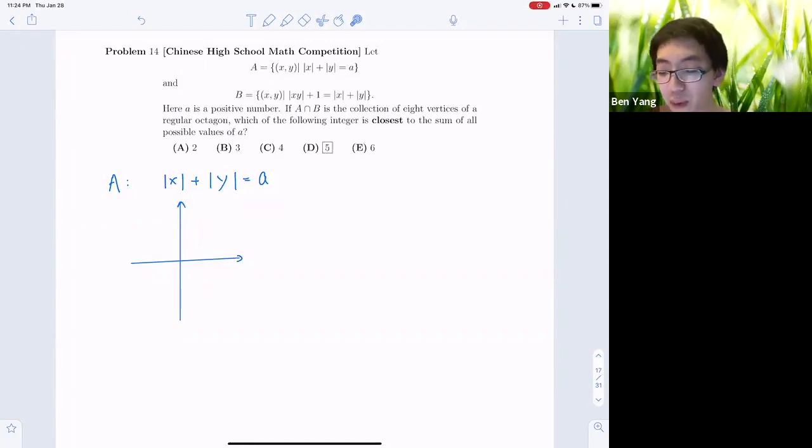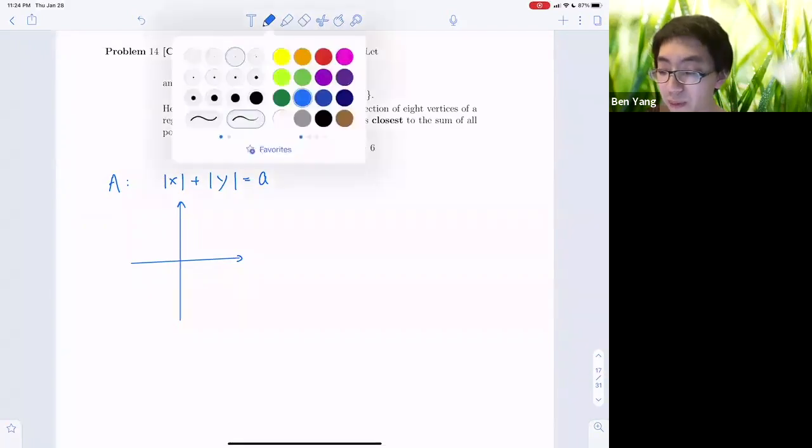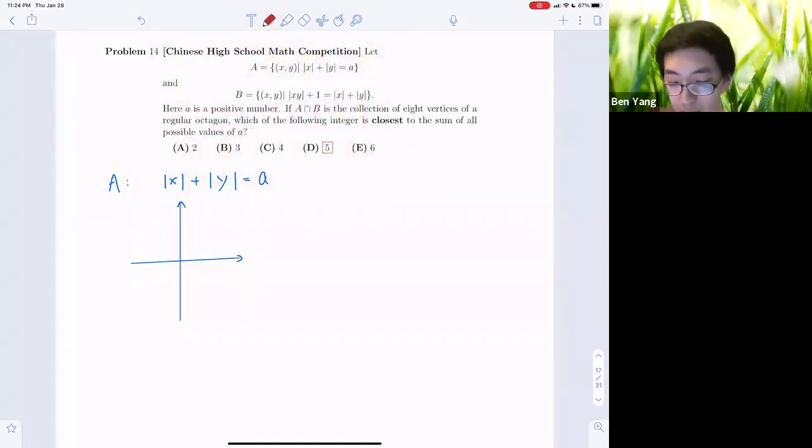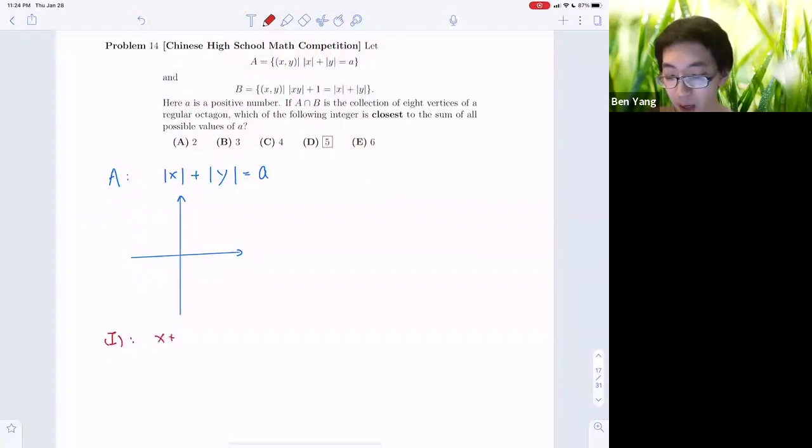If the points are in the first quadrant, then we know x and y are both greater than 0. So first quadrant, then the equation becomes x plus y is equal to A. So that is a line with slope -1, and we can draw it on the coordinate plane.